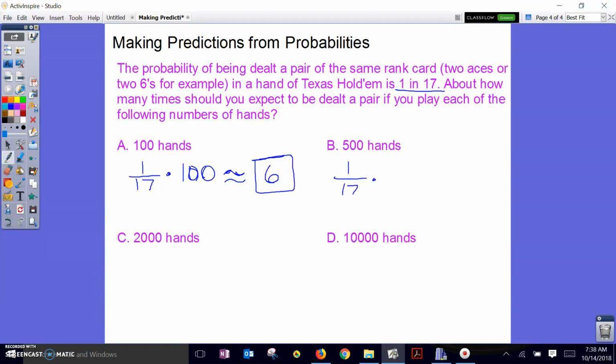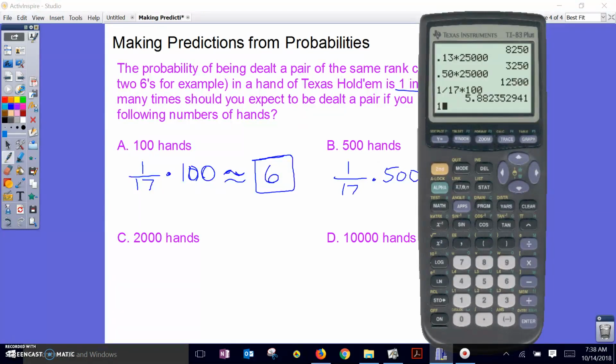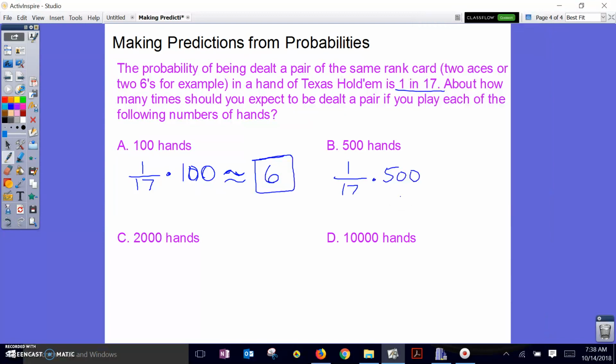We'll take that probability and multiply it by the number of hands that we play. And we'll say there that we'll expect approximately 29 pairs if we play 500 hands.